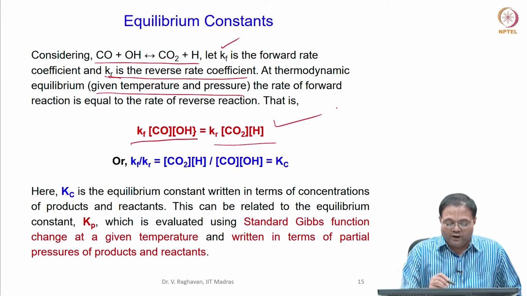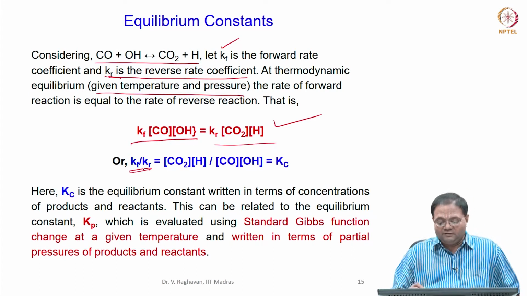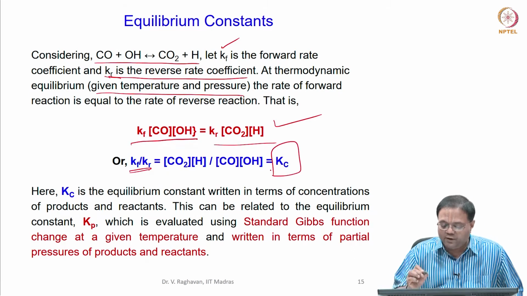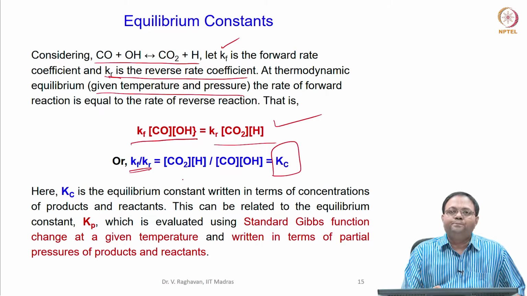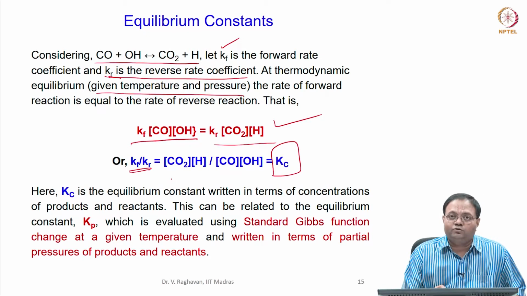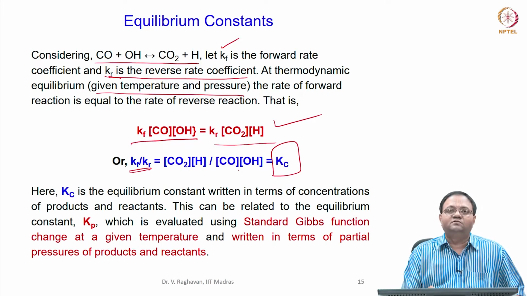Correct? So now the ratio of Kf by Kr is defined as the equilibrium constant Kc, capital K suffix C, and this is nothing but the ratio of the product of the concentrations of the products divided by the product of the concentrations of the reactants.